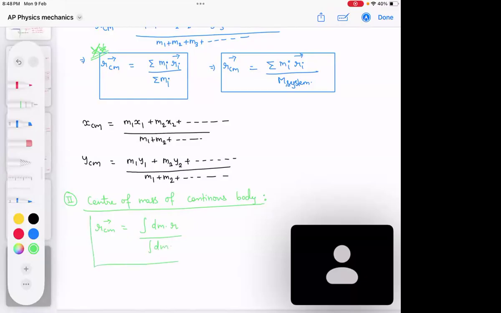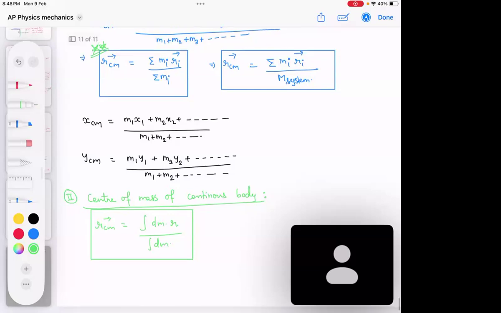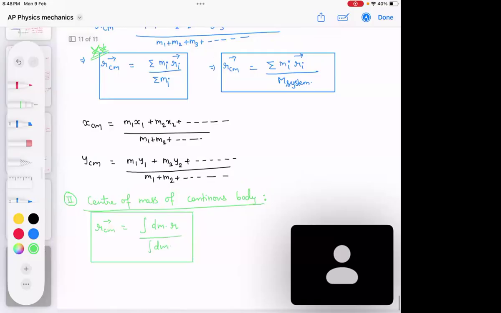So for a particle system we should use the summation. For a continuous body we should use the integration. Don't worry, we will discuss questions on both of them. If I want to write it in XYZ format, what will I write? To calculate XCM, integration of dm into x divided by integration of dm.